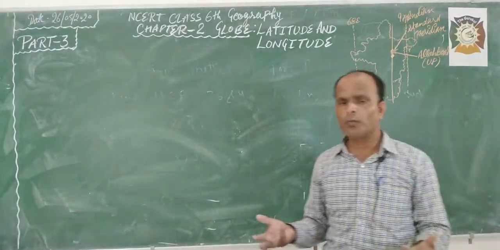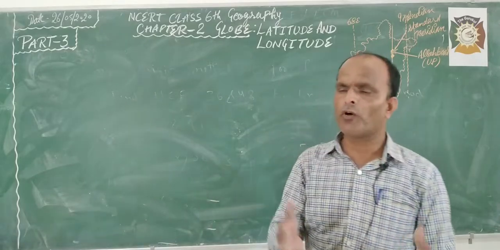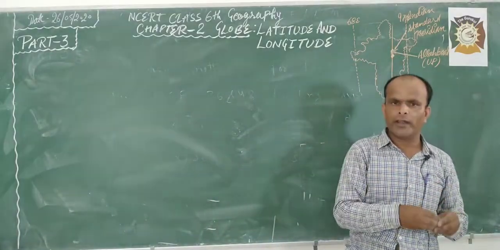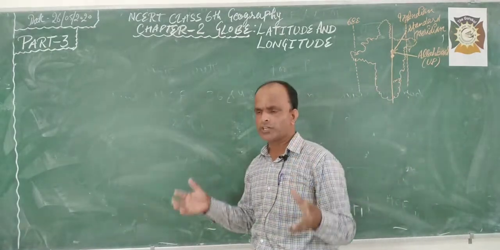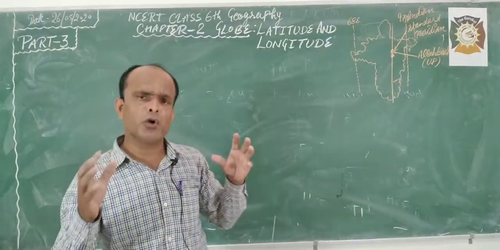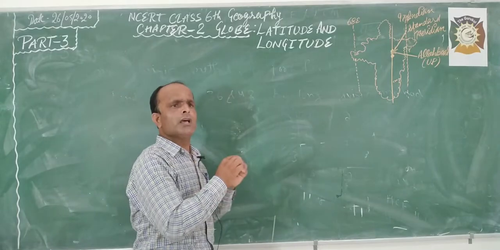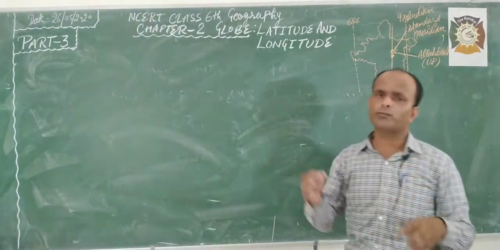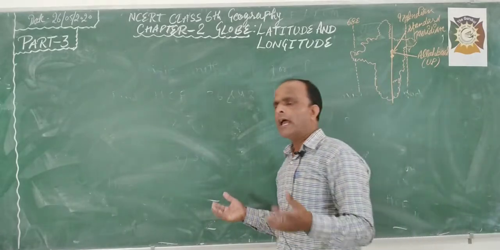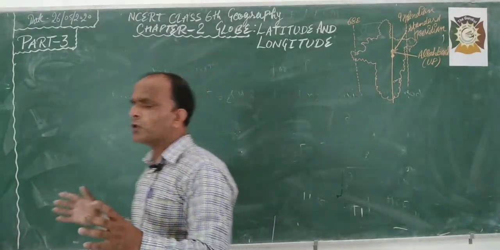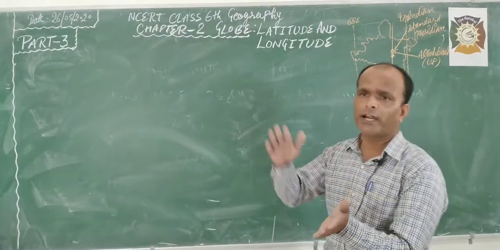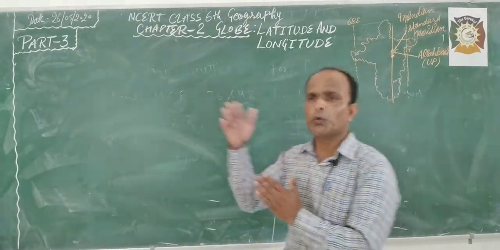What is a globe? A globe is a miniature form of the earth on which we can see continents, countries, and oceans. On the globe there are two poles, the North Pole and the South Pole, and there is an equator that divides the earth into two parts.